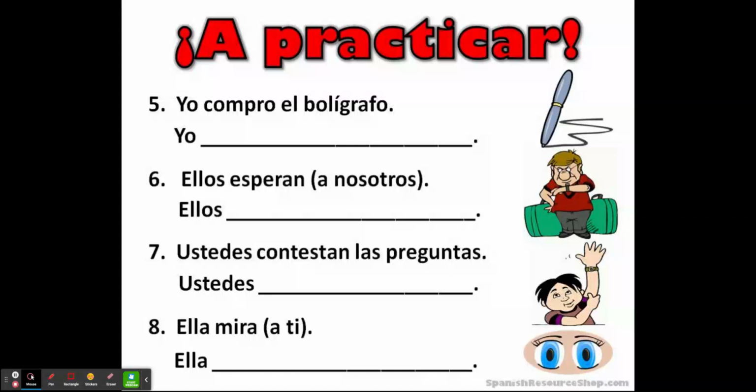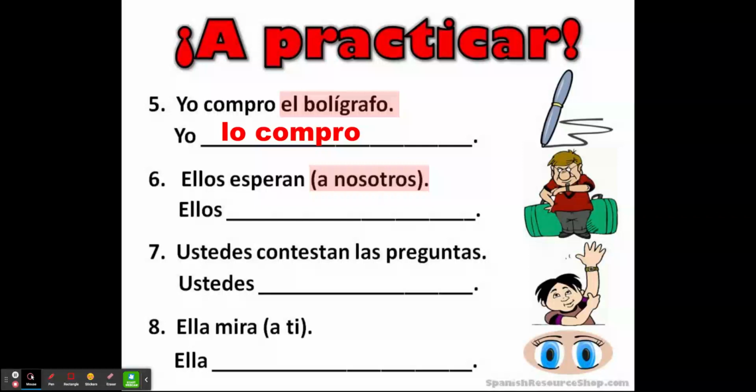Let's continue practicing. Yo compro el bolígrafo. What is it that I buy? El bolígrafo. Now, notice this. For el bolígrafo, singular masculine, you are going to replace it with lo, L-O. You see? Yo lo compro. Ellos esperan a nosotros. Whom do they wait for?